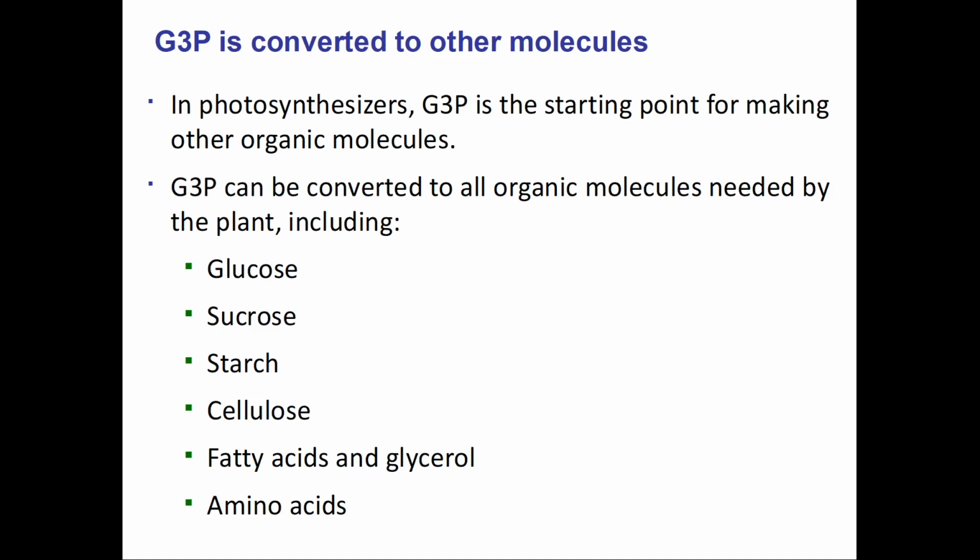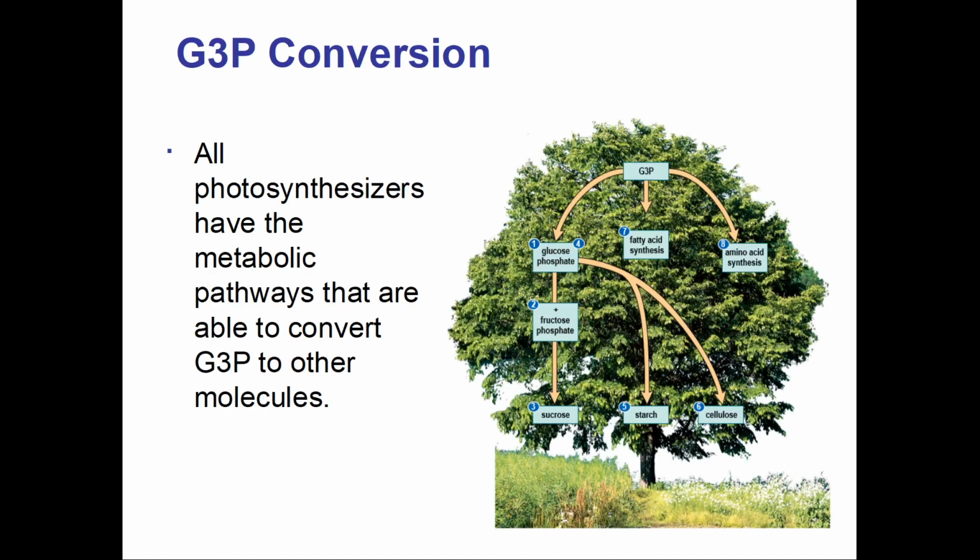So we're looking at many of the building blocks for life here. Remember, amino acids are the monomers that make up proteins. All photosynthesizers have the metabolic pathways able to convert G3P to these other molecules.